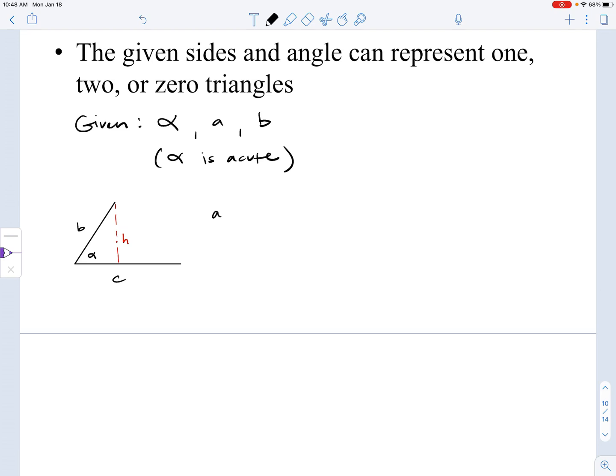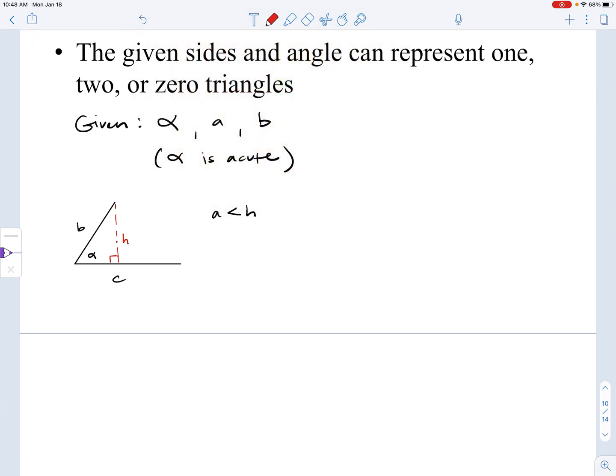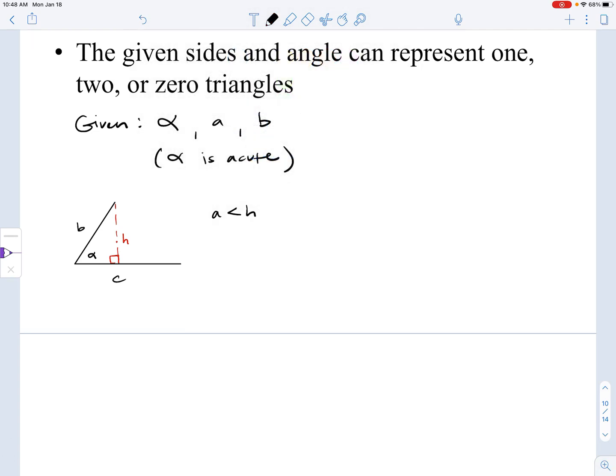Now, if the given side A is less than the height of the triangle, which you could solve for since that creates a right triangle, right? You know alpha and you know side B, so you could figure out what the height is.